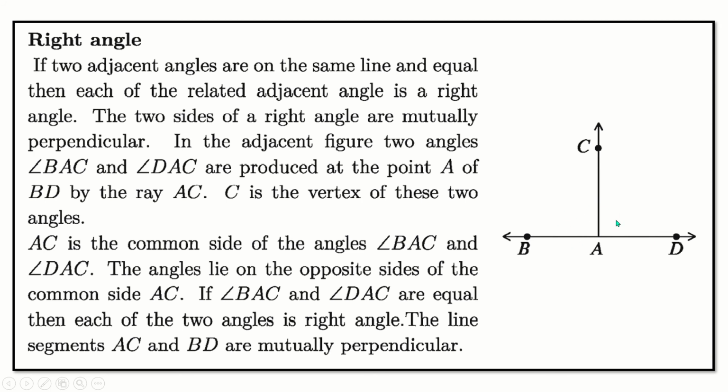That means two adjacent angles are equal when these two angles are produced on the same straight line. That is a condition. Then the angle is called a right angle.